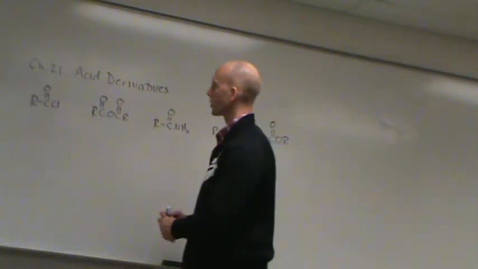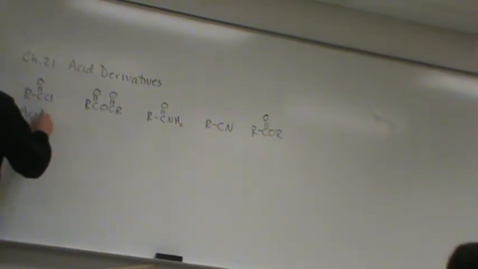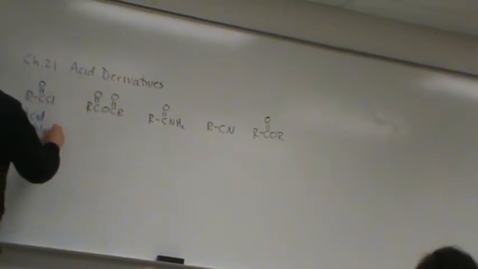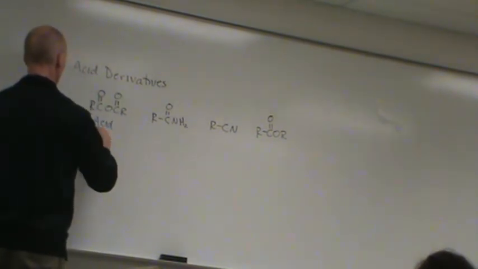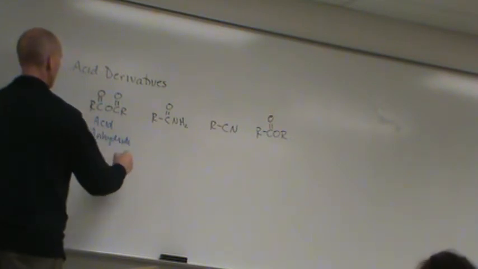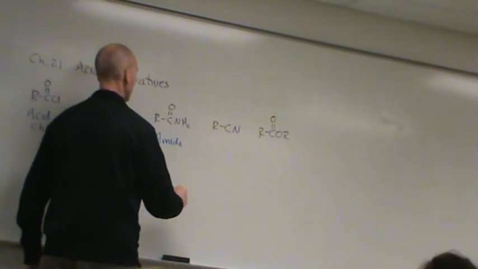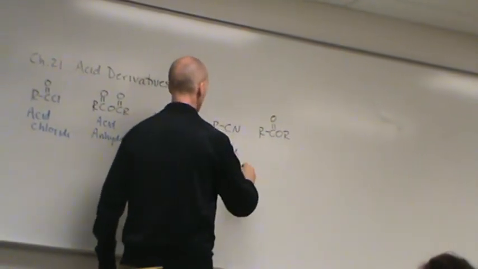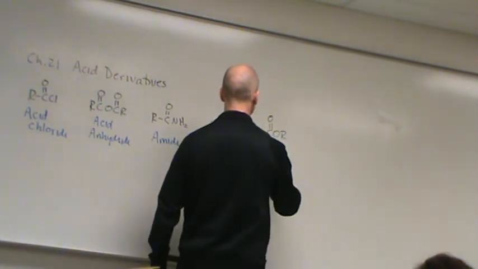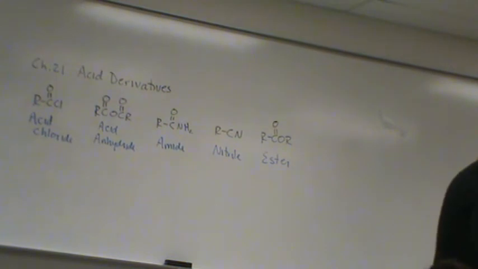But these are what are called acid chlorides, acid anhydride, amide, nitrile, and the ester.